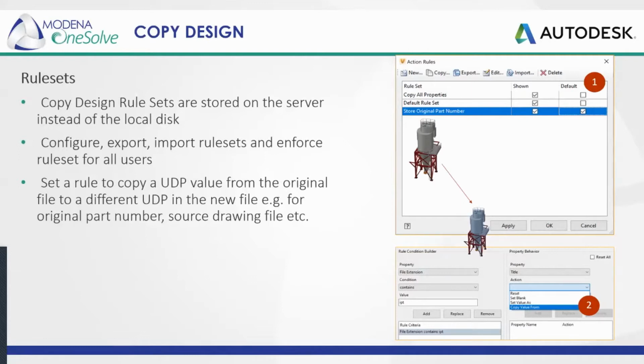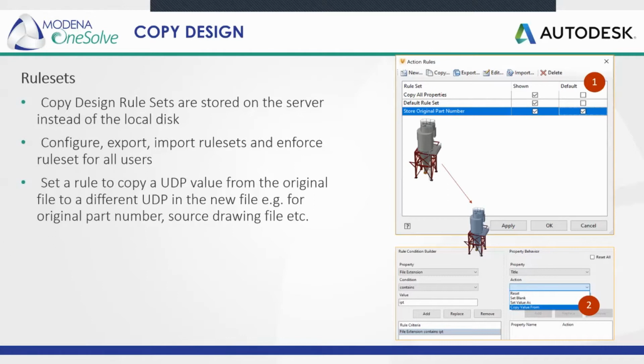On that, many companies have strict controls over properties and standards enforcement, and there is a need to restrict the user's ability to reuse part numbers and other file properties. Administrators are now able to enforce a specific action rule set for all users. These rule sets are managed by the administrators to enforce the desired copy design behavior.